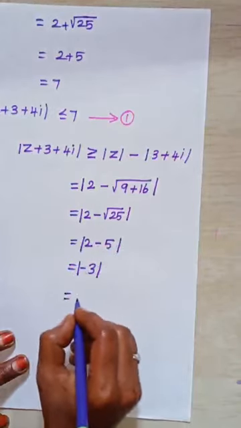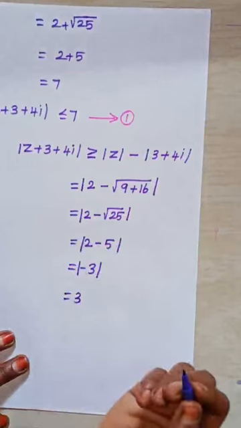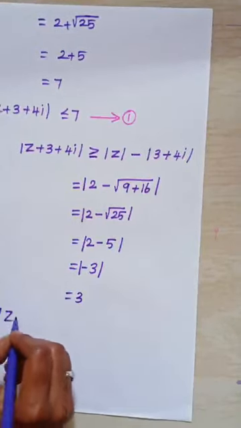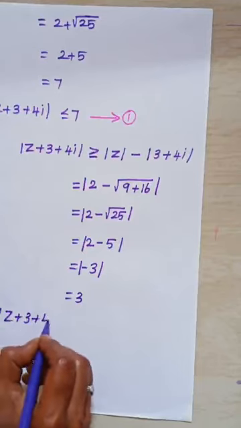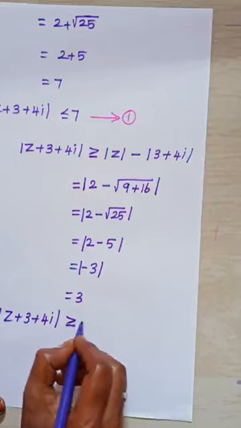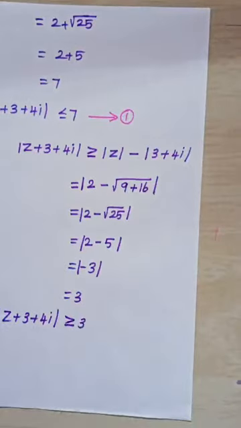Modulus of minus 3 is also plus 3. Okay, now the proof is over. Write the left hand side: modulus z plus 3 plus 4i is greater than or equal to 3.